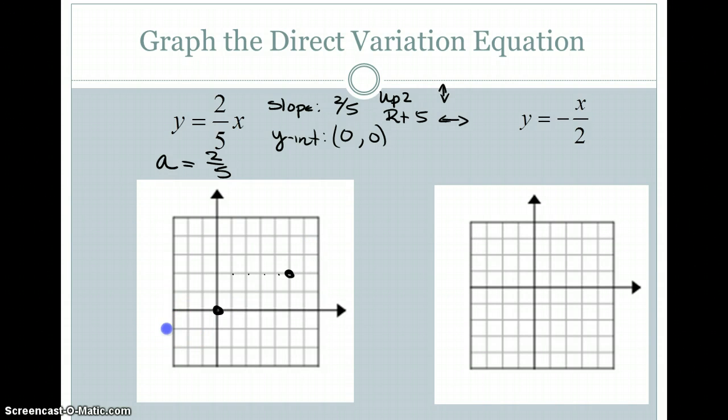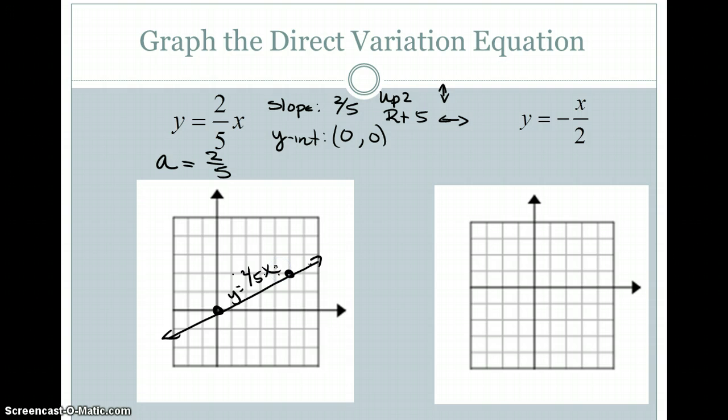Believe it or not, I actually used a ruler for that, but you can pretend mine is the most beautiful line in the whole wide world. The only thing left to do is to label it: y equals 2 over 5x.